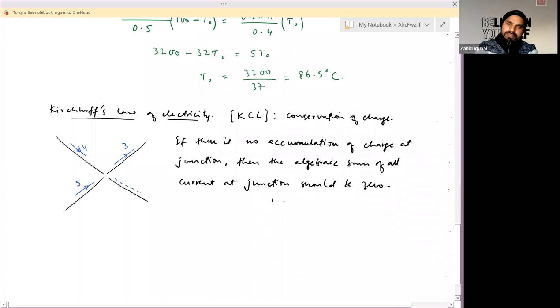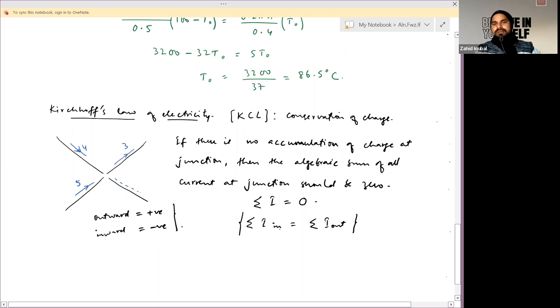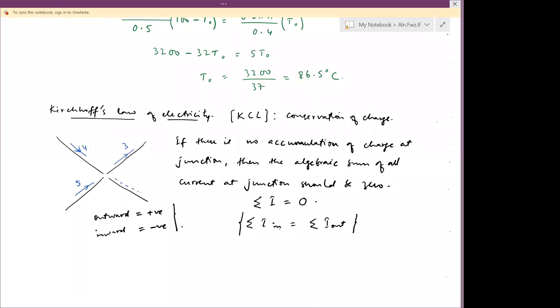Sum of all current must equal 0, or you can say sum of all inward current must equal sum of all outward current. You may use a sign convention: take outward current to be positive and inward current to be negative, then you'll get this particular result. Ifra, is it clear? Yes, sir.